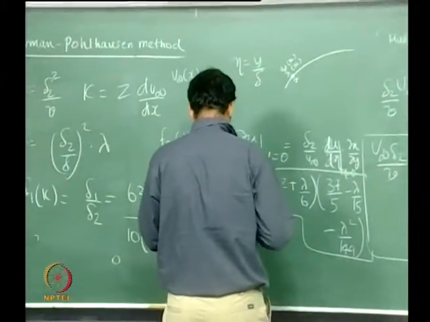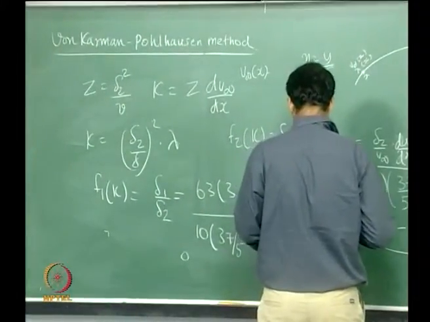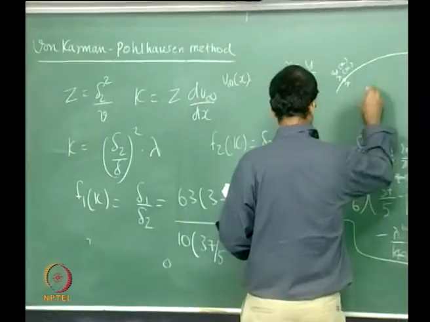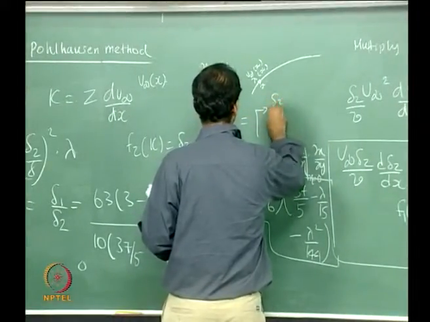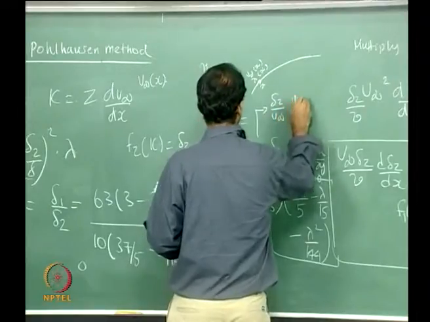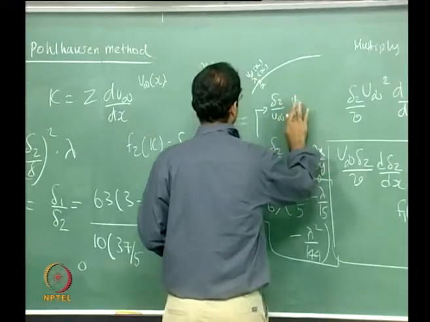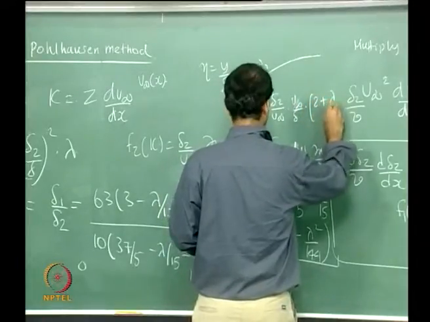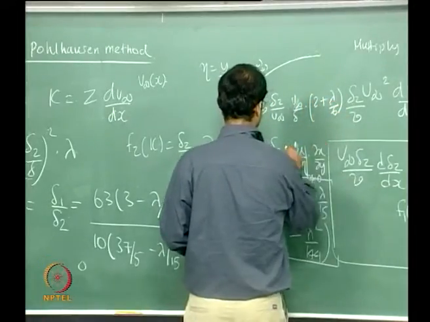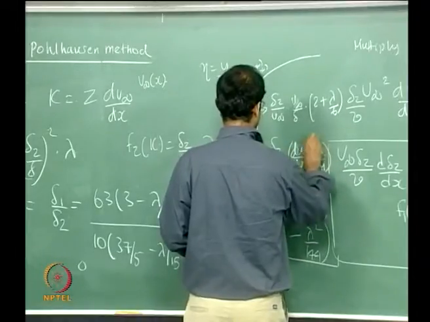If you are having problem I will just maybe expand it. So this will be delta 2 by u infinity into u infinity by delta into 2 plus lambda by 6. So this entire term right here is this.